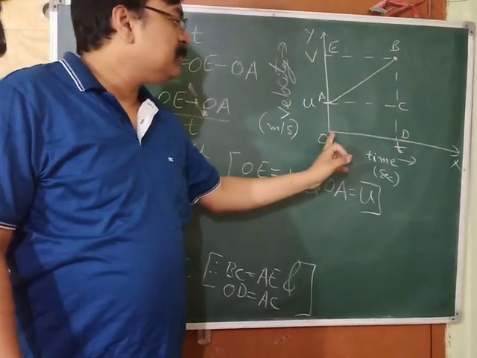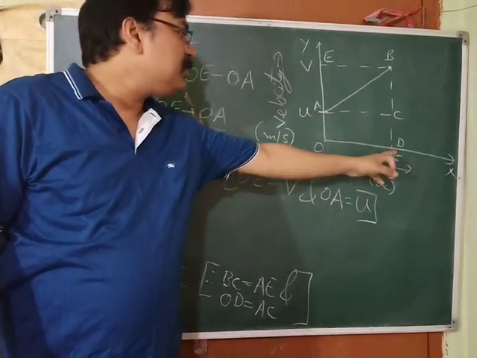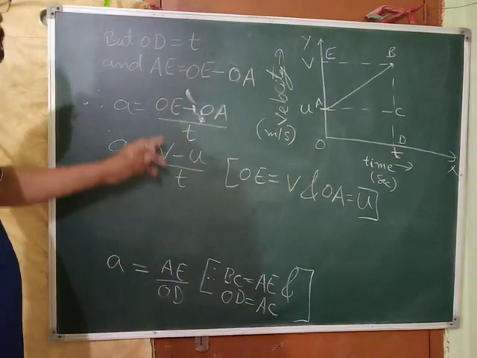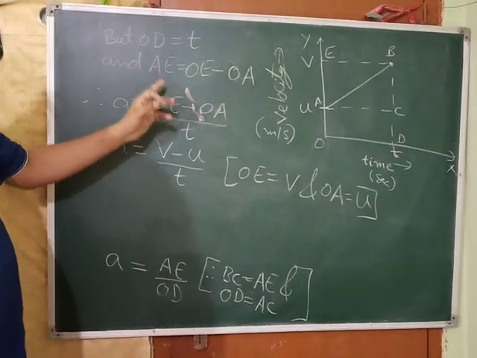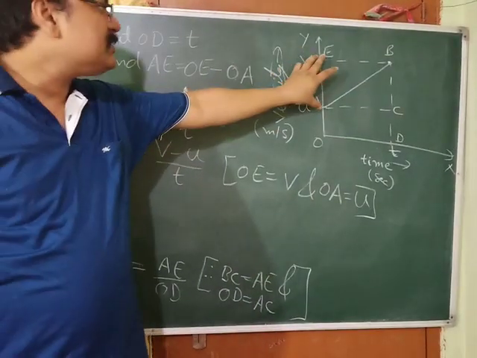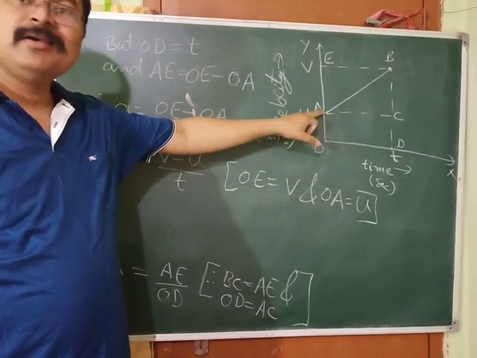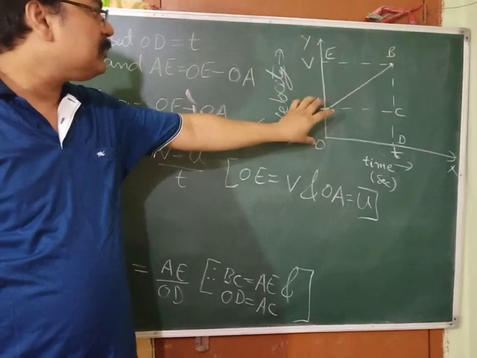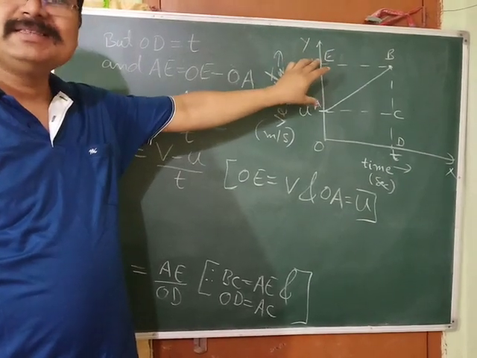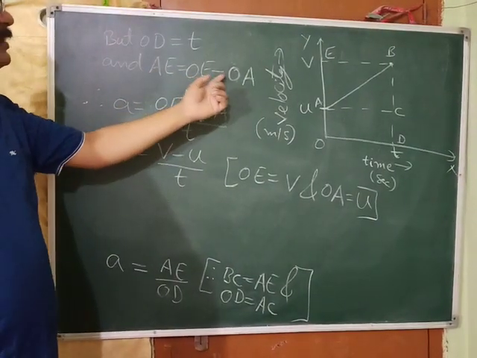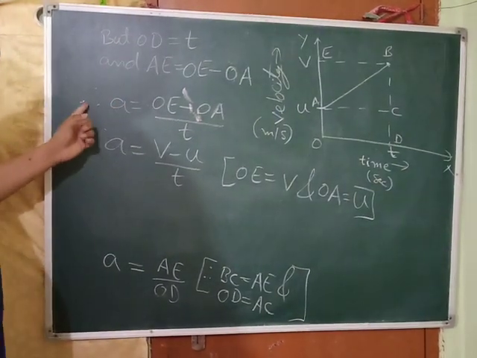OD is from the origin to here, so it is T, time. As we don't know AE, can we write AE as OE minus OA? Because from this full length, if we take out this much, only then AE is left.